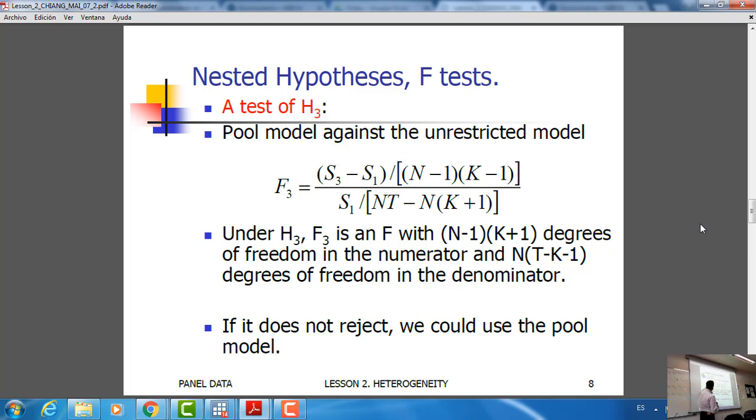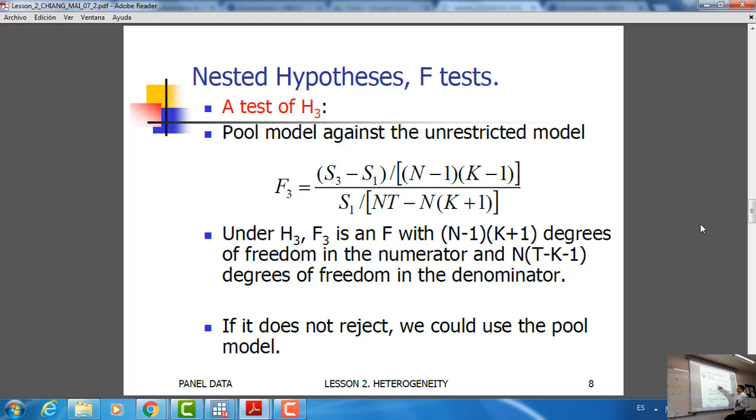This is a pooled model against the unrestricted model. The idea is we are going to check if two models behave more or less the same, or if they are behaving differently. So let's compare the sum square residuals.